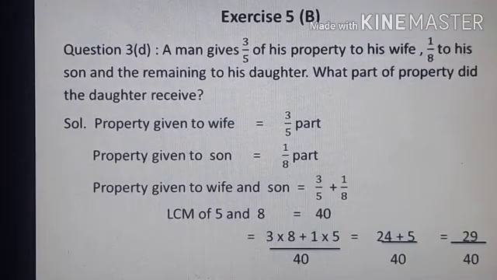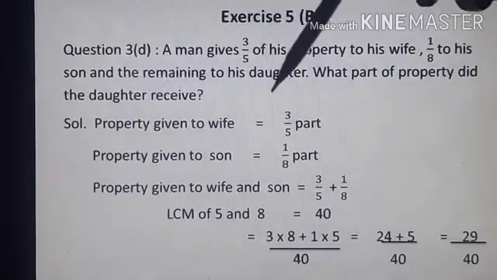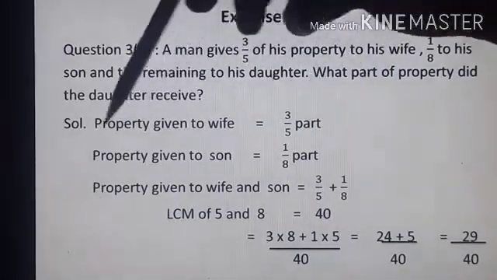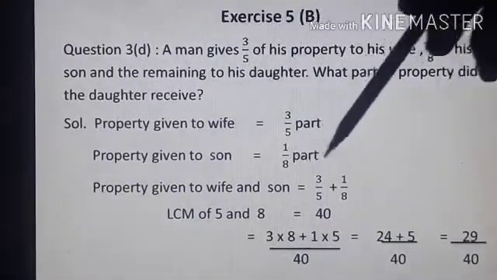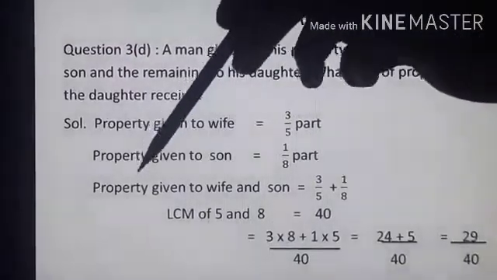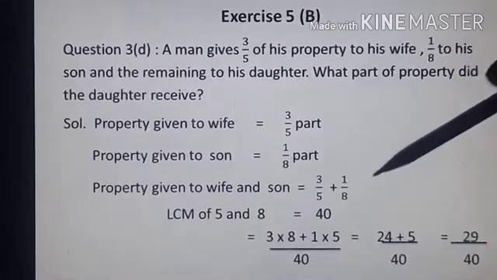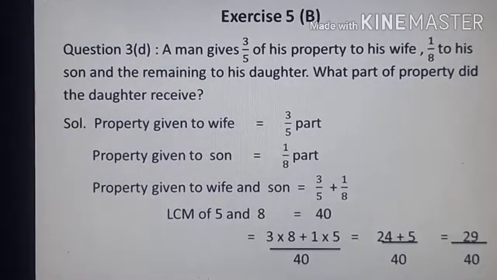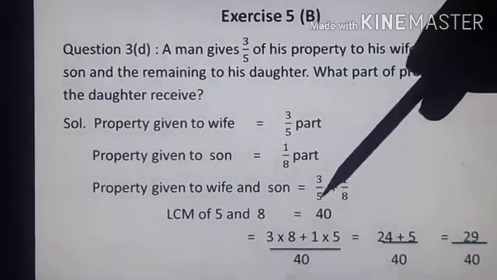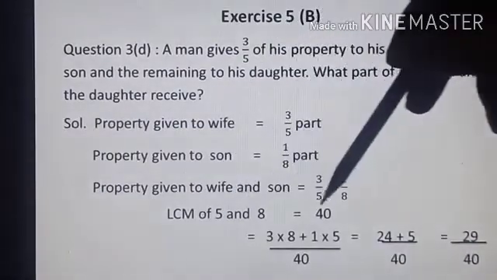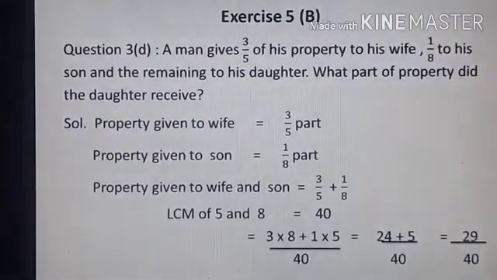We will do first addition of the property that is given to wife and son. Okay. So property given to wife 3/5 part and property given to son 1/8 part. Property given to wife and son 3/5 plus 1/8. Right. Now the denominators are 5 and 8. LCM of 5 and 8 is 40.